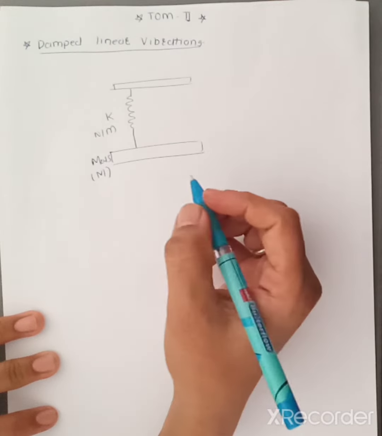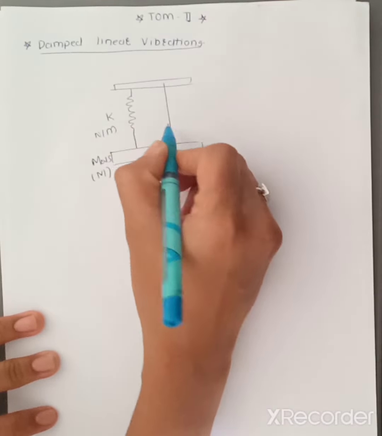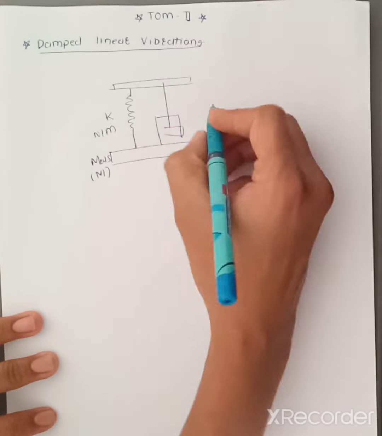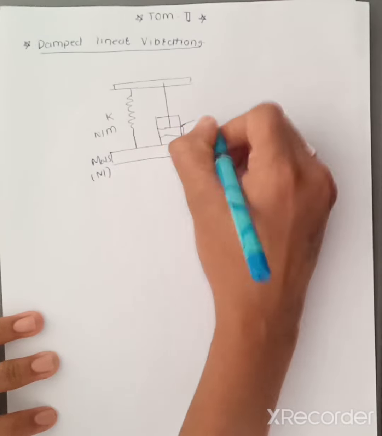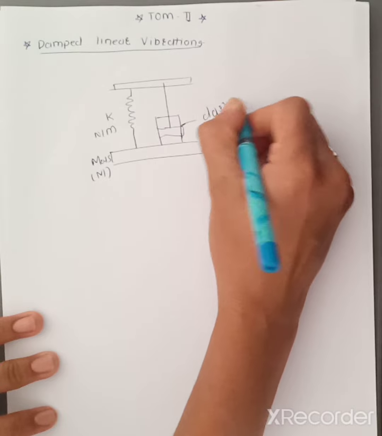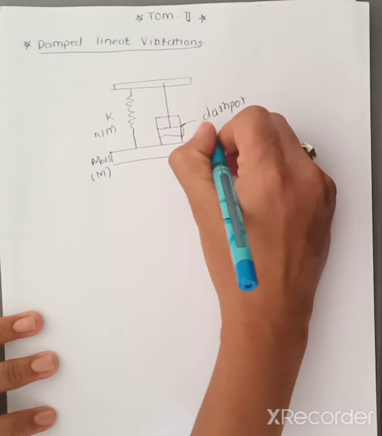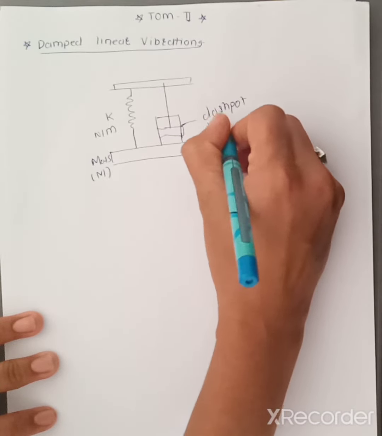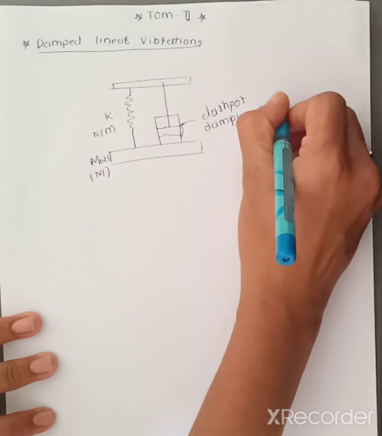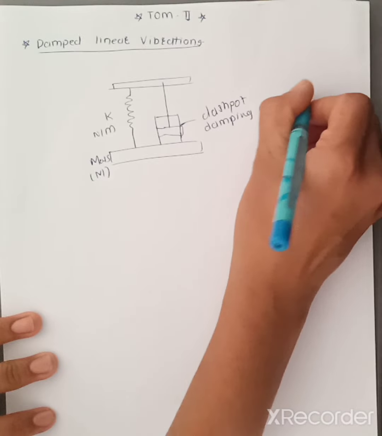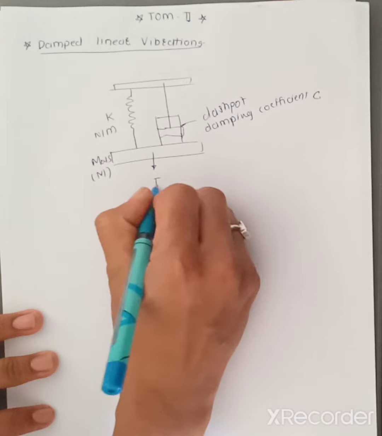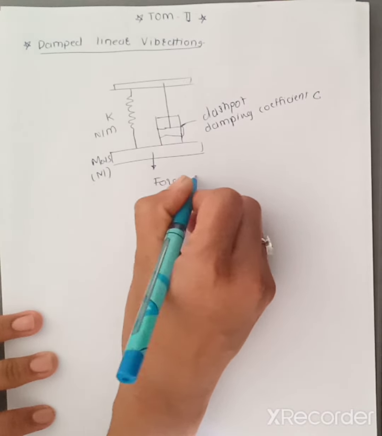Here we will consider one dashpot. The dashpot damping coefficient we will consider as C, that is, the damping coefficient. Here the force will be exerting in the downward direction, and let the force be F.